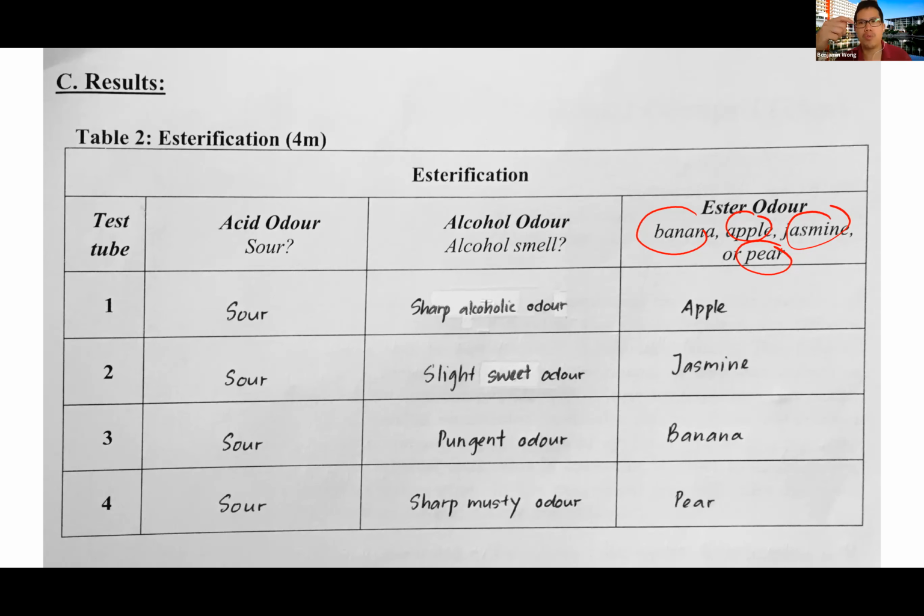So what you need to do is that sometimes when you want to smell, it's best that you take your finger, just say that this is a test tube. When you want to smell, make sure that you swing on top, which means that you push, so the vapor will go on top here. You don't smell directly.